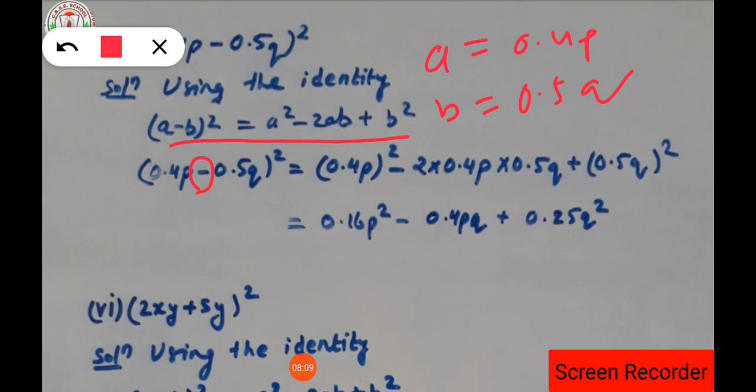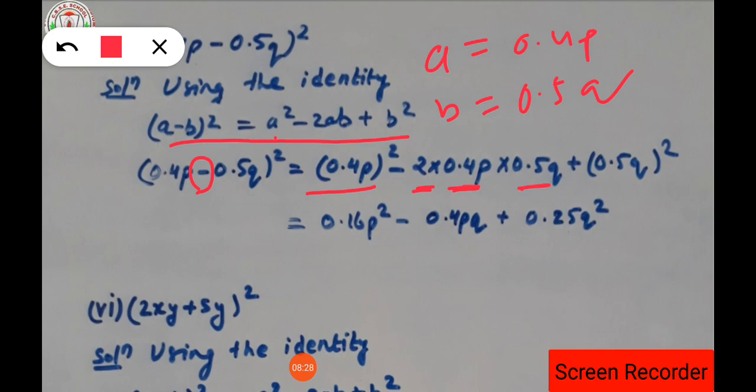So what is the formula? a square, that means (0.4p) the whole square will be there, minus 2 comes from the formula. What is the value of a we are having? That is 0.4p. So 2 into 0.4p, and value of b we are having 0.5q.